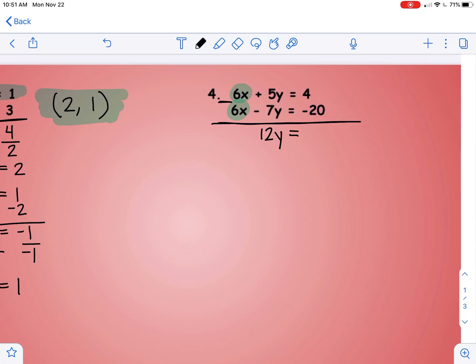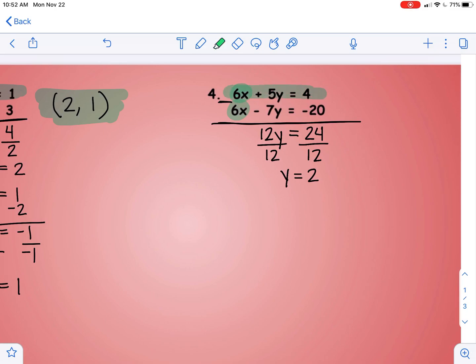And then 4 minus negative 20 is going to actually be 4 plus positive 20. So I'm going to get 12y is equal to 24. And then I'm going to solve this one-step equation to get y is equal to 2.